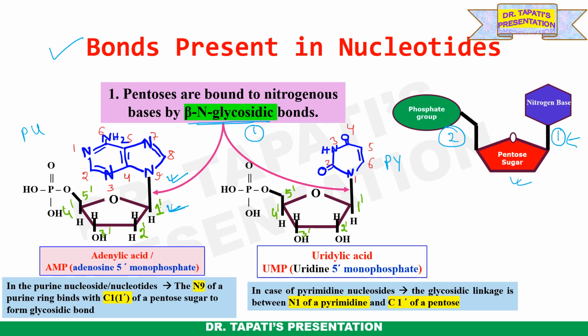So this beta N glycosidic bond is between N9 of the purine nucleotide and C1 of ribose or deoxyribose sugar. Whereas in the pyrimidine nucleotide, the beta N glycosidic bond is between N1 of pyrimidine and 1 prime of ribose or deoxyribose sugar. So that is also a beta N glycosidic bond.